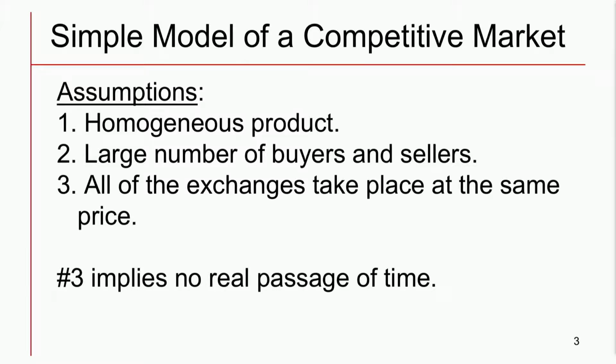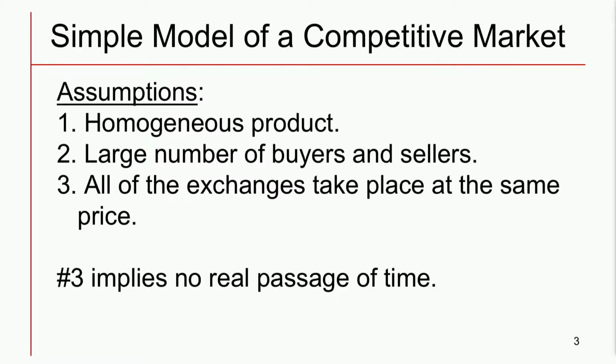And third, that all of the exchanges take place at the same price. There's a single price in each time period. The third assumption means that there's no real passage of time. Of course, in a real market, prices can go up or down even during a day in some markets. If you want to get airline tickets, they can go up or down in 10 minutes.